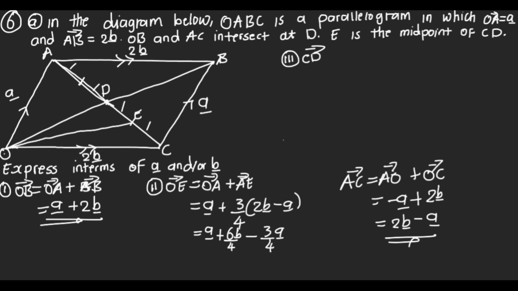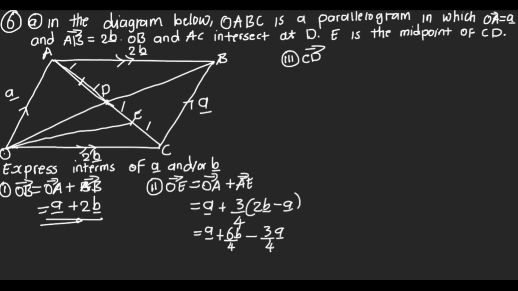Then we can collect the like terms. So we have vector a minus 3 over 4 of a, plus 6 over 4 of b, which we can reduce to 3 over 2 of b.